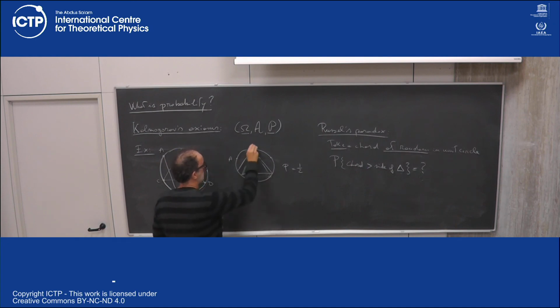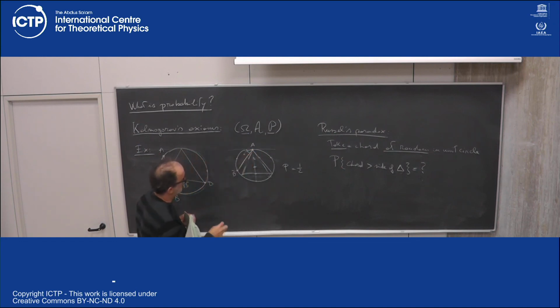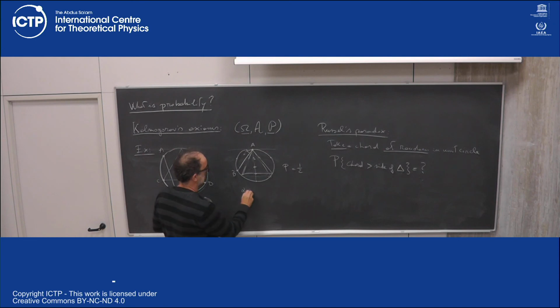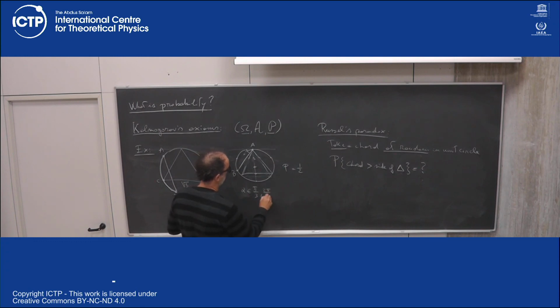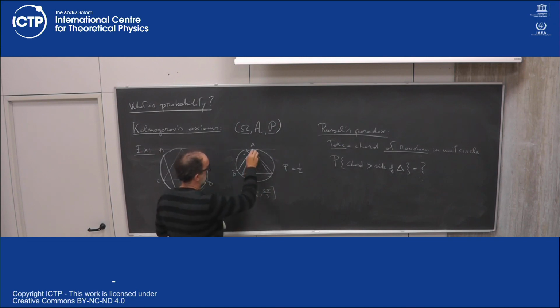Okay, so this is A and this is B. Then you can argue that if this angle here, alpha, is between pi over 3 and 2 pi over 3, then this chord will be larger than the side of the inscribed triangle.